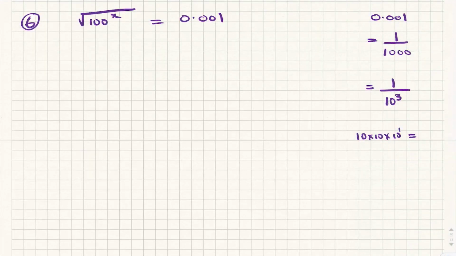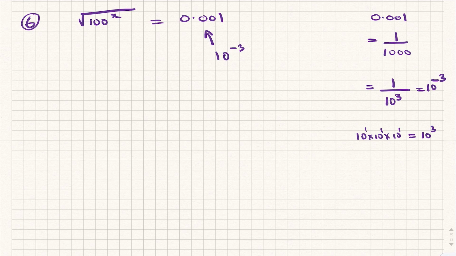Same base, add the powers: 10 to the power of 1 times 10 to the power of 1 is 100, times 10 to the power of 1 is 1,000, so that will be 10 to the power of 3. Because it's a fraction, I'll turn it into negative indices, so that will be 10 to the power of minus 3.